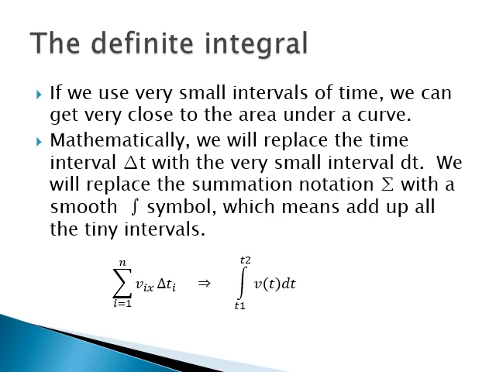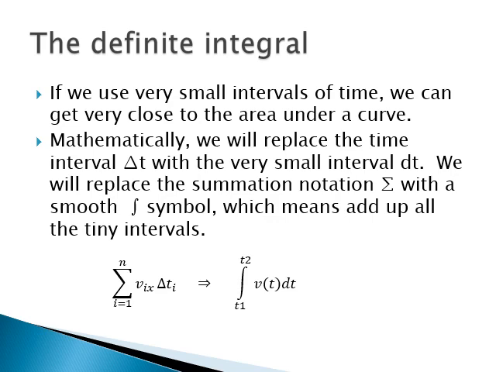Mathematically, what we're going to do is we're going to replace our intervals delta t with a very small interval dt. And instead of that summation symbol, which is just the Greek letter sigma, stands for sum, we're going to use an S symbol. That smooth integral symbol, it's sometimes called, or S symbol, just also means a sum, but it's a sum over very tiny intervals.